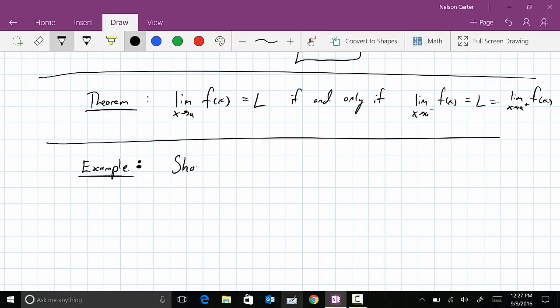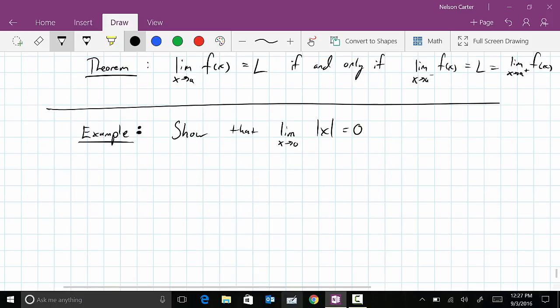We're asked to show that the limit as x approaches 0 of the absolute value of x is equal to 0. Okay. Well, you could imagine that this is true by looking at a graph.